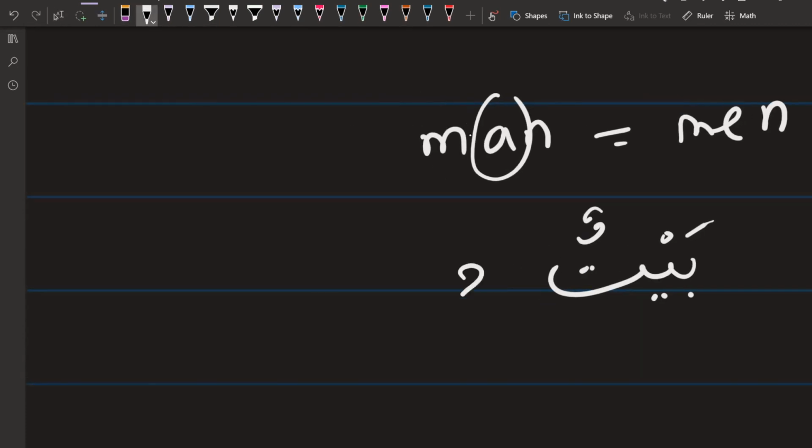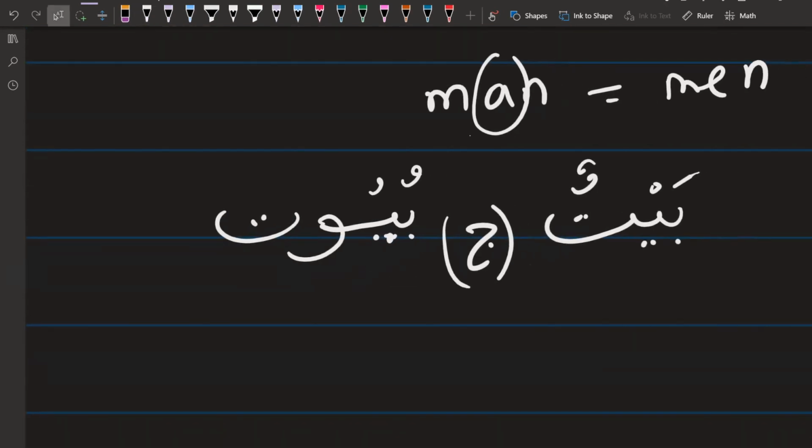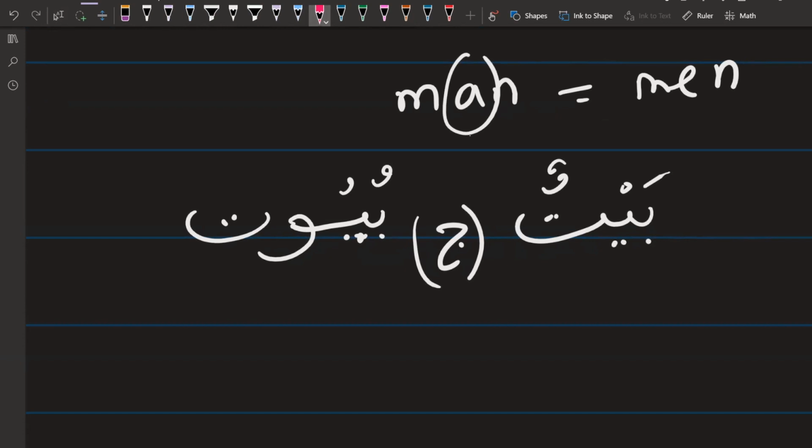The plural is, anyway, you can use jim for jam, so that you know it's the plural, is buyut. Bait and buyut. Now, as you can see, of course you're going to have the letters there, but you have changed something. You added wow. The wow wasn't there in the singular.